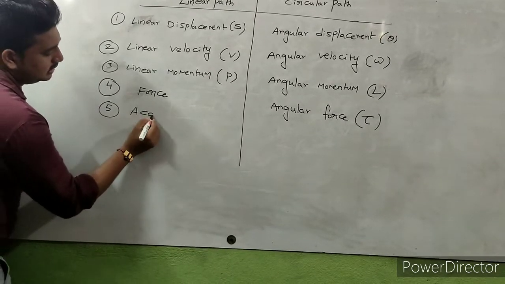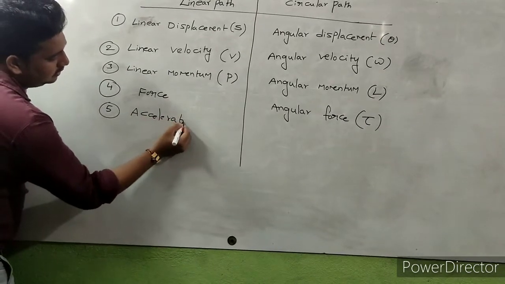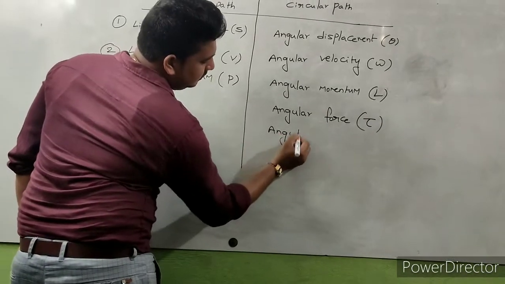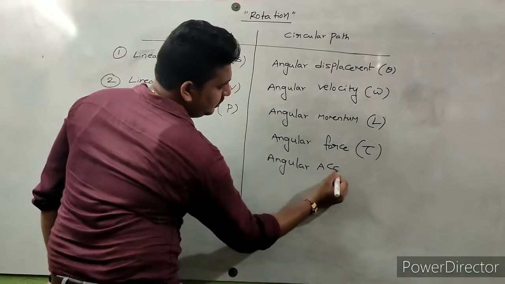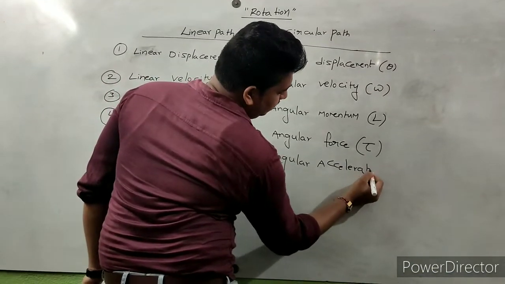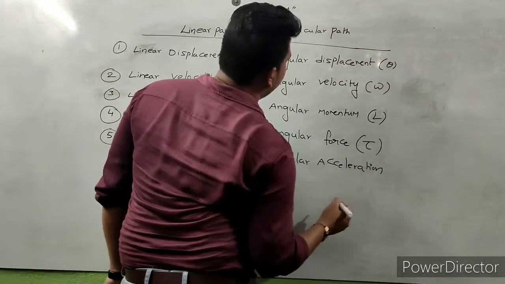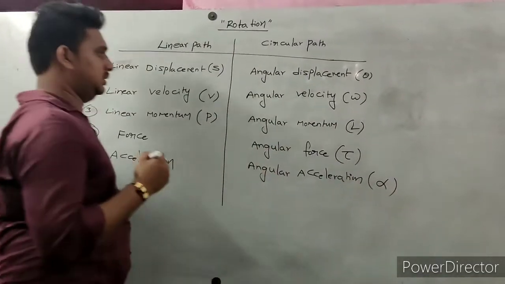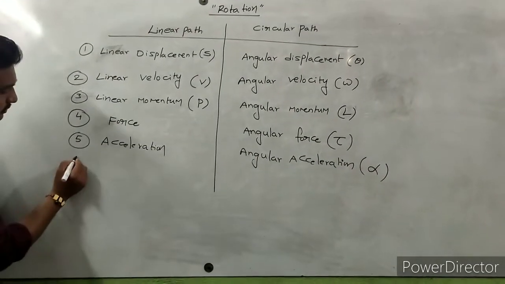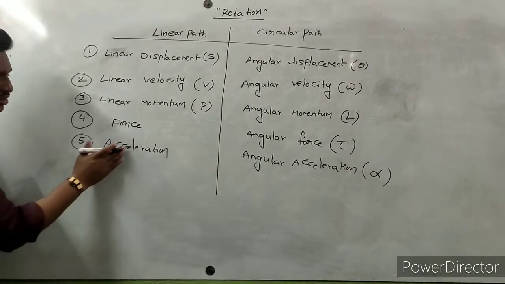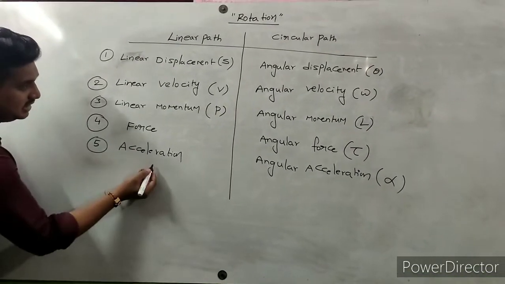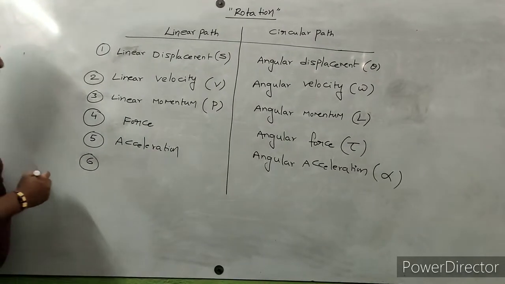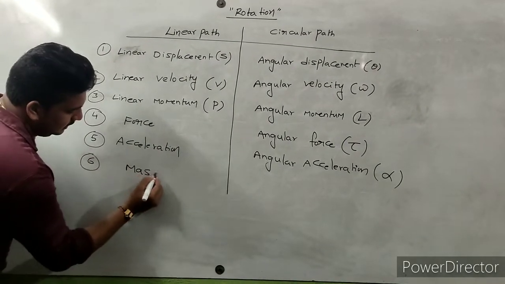Acceleration. Here, angular acceleration, which is indicated with alpha. This acceleration is also called linear acceleration. Next, mass.